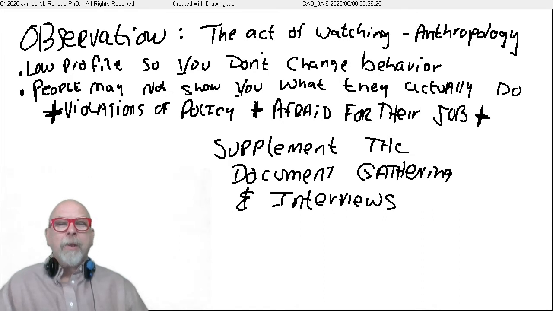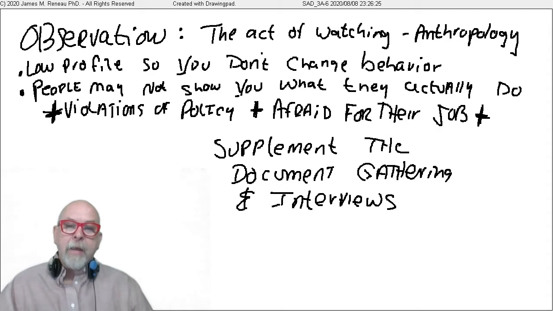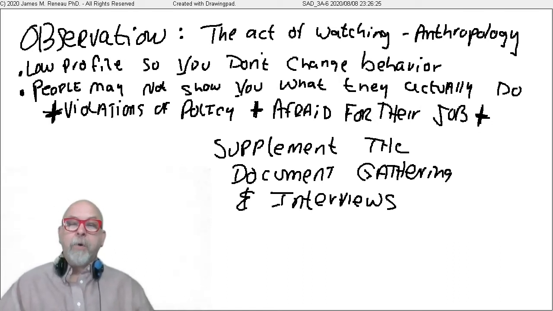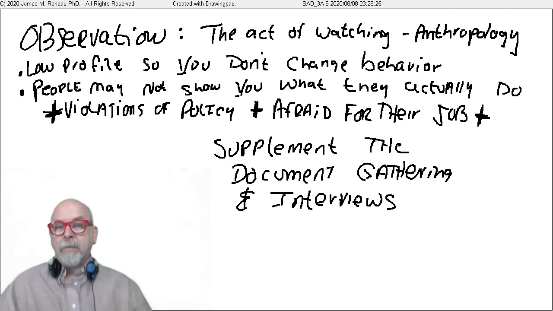You don't want to change behavior with your observation. And people are going to change their behavior when you're watching because they might not show you what they actually do. If they know they're being recorded by a video camera, are they going to violate policy that they might do on a more regular basis?